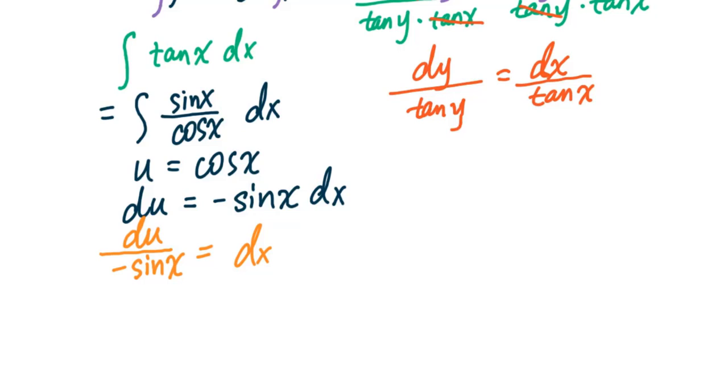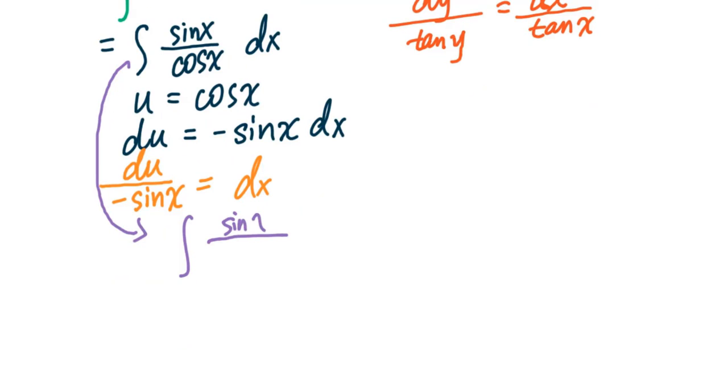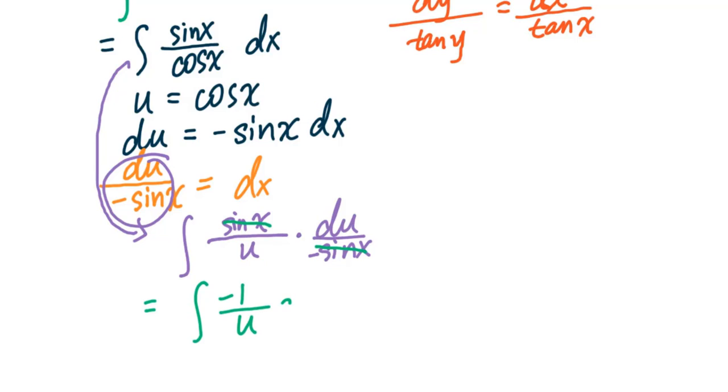Therefore, we will plug in here. You will get the integral sine x stays. This cosine x I turn into u. dx, I will use du over negative sine x to substitute, then reduce. You will get integral negative 1 over u du. That equals negative 1 times the natural log of absolute value of u plus c.